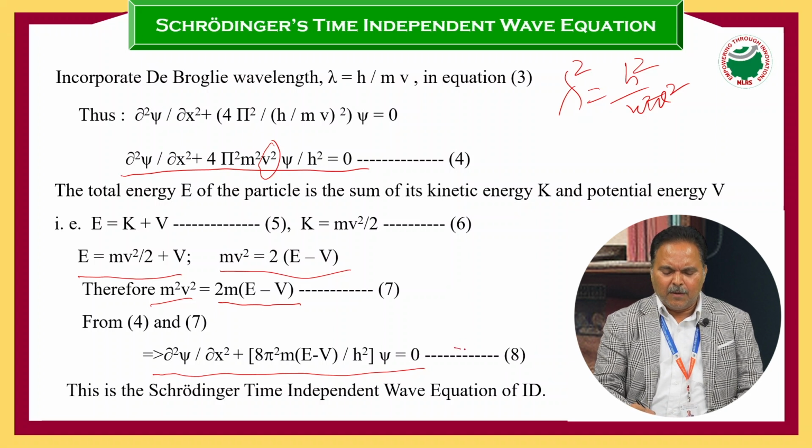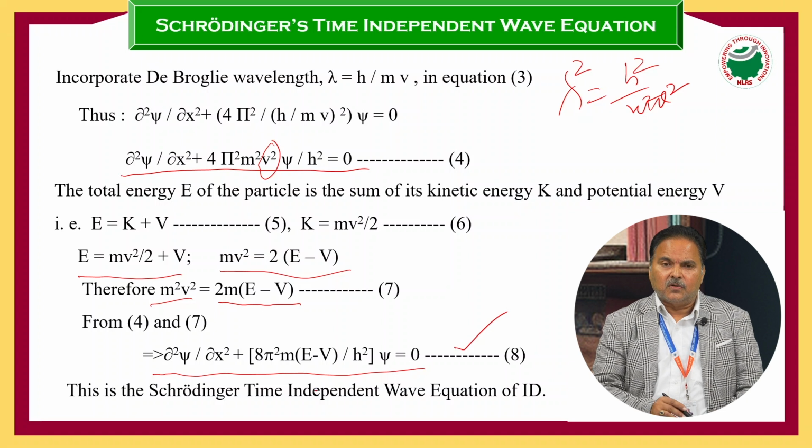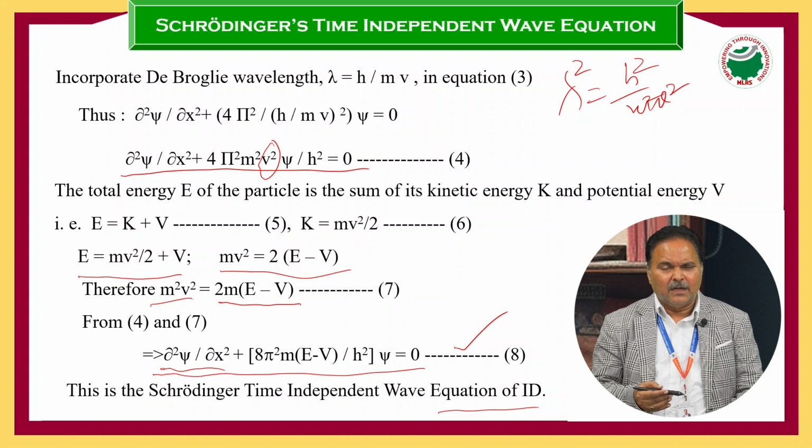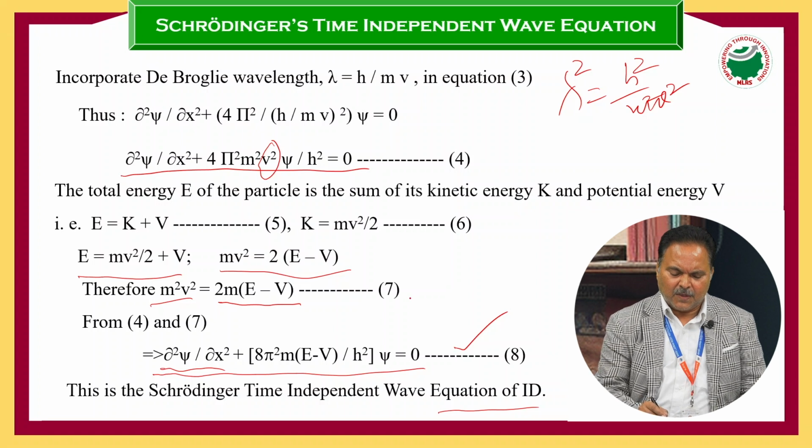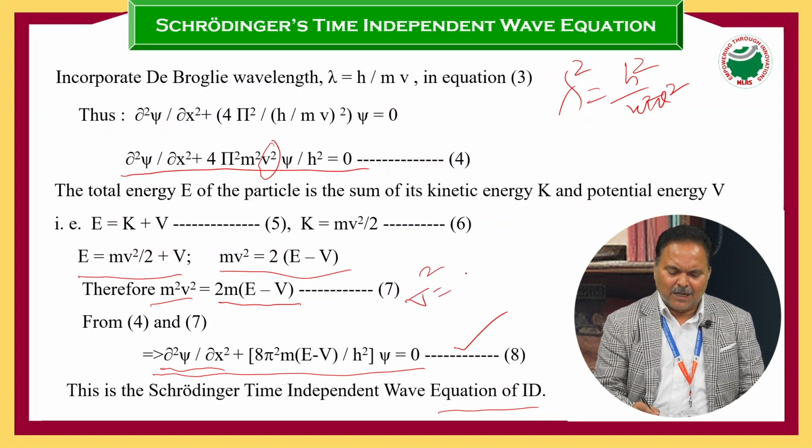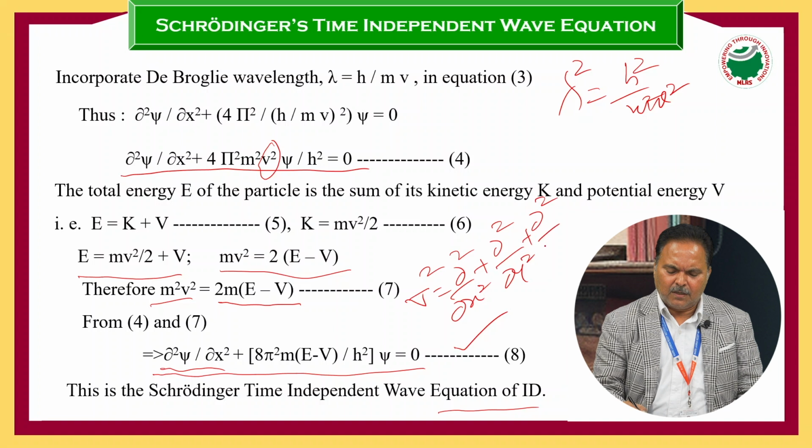So this is the time independent Schrodinger wave equation in one dimension, only along the x axis. If you want to write it in 3 dimensions, you replace dou square by dou x square with del square, that is dou square by dou x square plus dou square by dou y square plus dou square by dou z square.